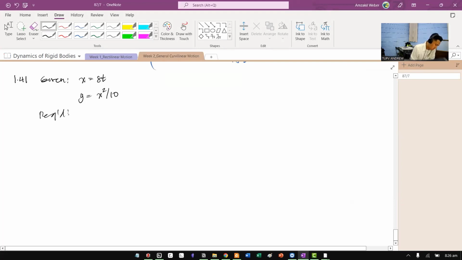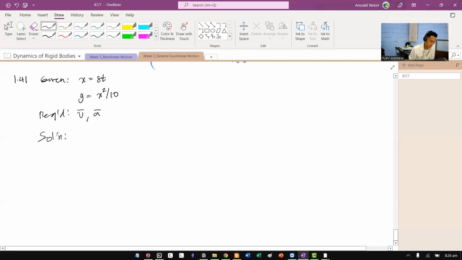So the required is the velocity and direction. Iyon mo ko na to indicate that ginapakita is vector velocity and acceleration, meaning it needs to have direction and magnitude.